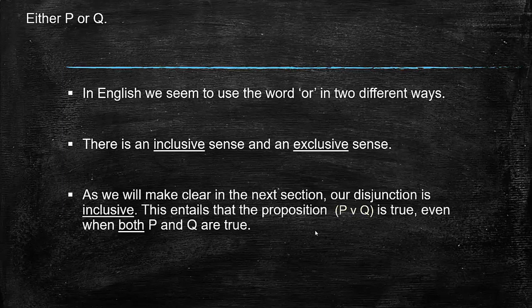As we will make clear in the next section, our disjunction is inclusive. The wedge, the symbol for or, is what we call the inclusive or. So this entails that the proposition P or Q is true even when both P and Q are true. This is something we'll be exploring in more detail in the next module.